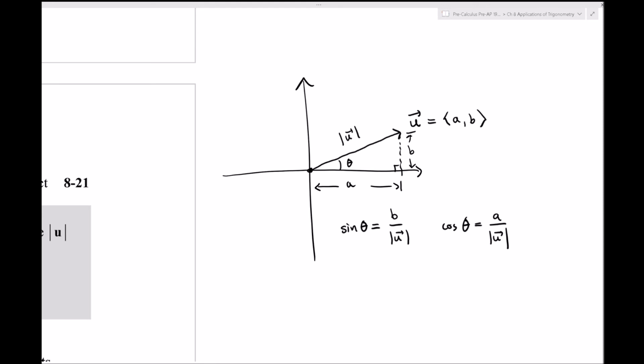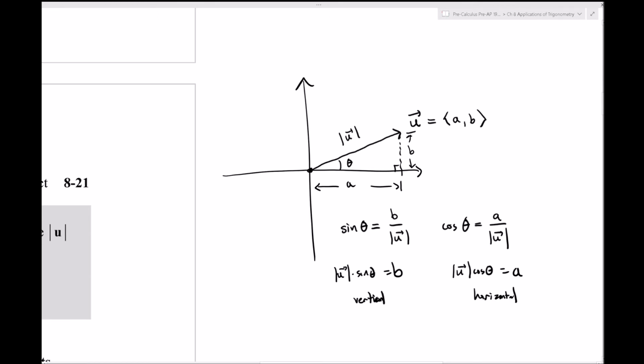So if I wanted to solve for the quantities a and b, I could take these two equations and multiply both sides by the magnitude. So you would get magnitude of u times sine theta is equal to b. That's the vertical component. This one, you would get magnitude of u times cosine of theta is equal to a, and that's the horizontal component.